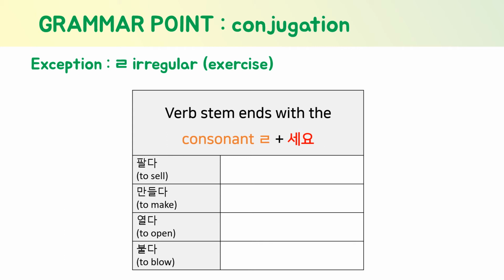So here, exception. ㄹ exception. Okay, so exercise. 팔다 becomes 파세요. 만들다 becomes 만드세요. And 열다 becomes 여세요. 불다 becomes 부세요.